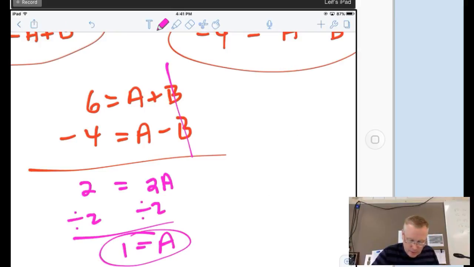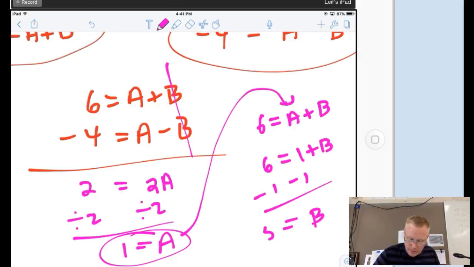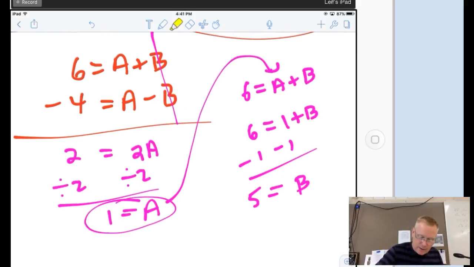And now I can take either one of these 2 equations. I'll take the 6 equals a plus b, and I'll plug the 1 in here, and I get 6 equals 1 plus b. Subtract 1, I get b equals 5. Okay, so I've got a, b, and c now, finally, after a little bit of work.